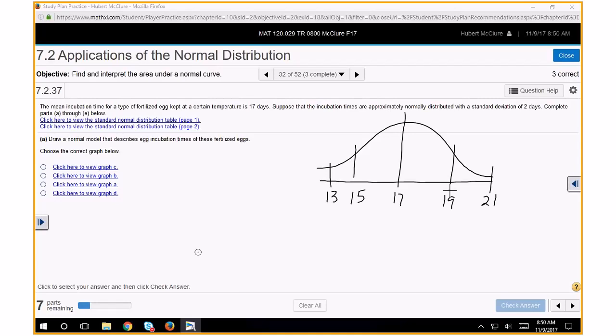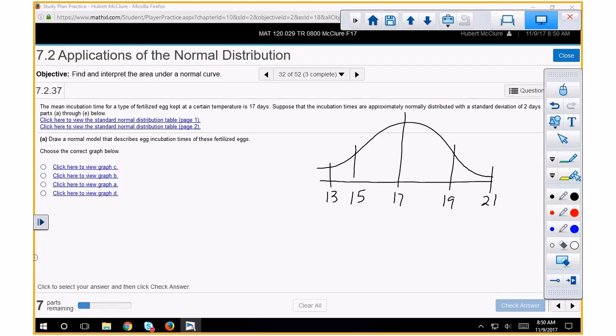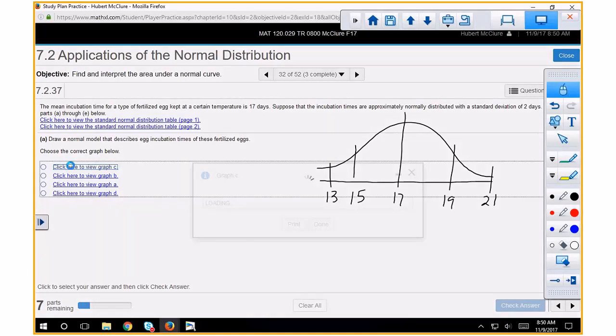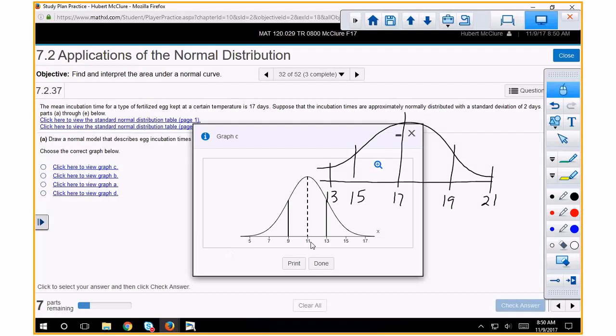Why don't they just put the graphs on? Why are they doing this? This is a new question. I've never seen this question before. So let's see which one it is. Okay, that's not right. 13, 15, 19. That looks right.